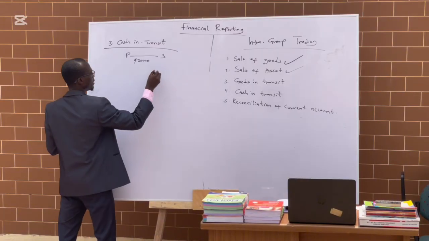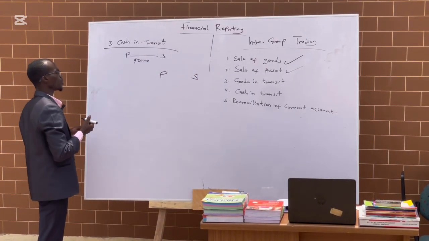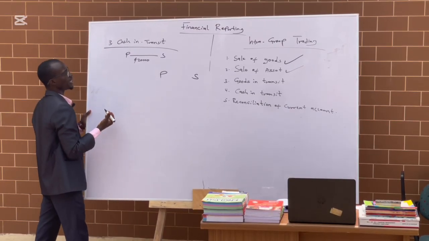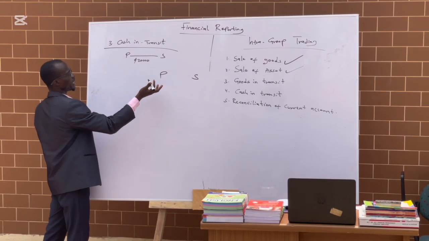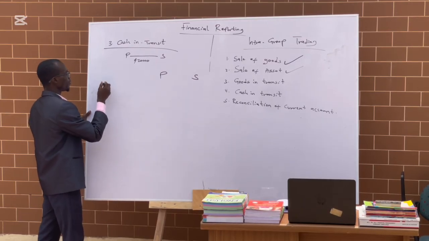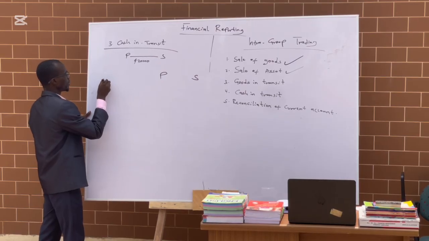So let's say the parent and the subsidiary. The parent has sold some goods to the subsidiary, let's say worth 20,000. So the subsidiary is owing the parent an amount of 20,000. In the parent's book, the parent will be having trade receivables.